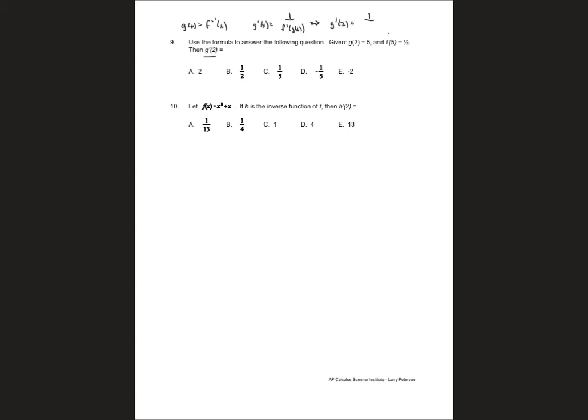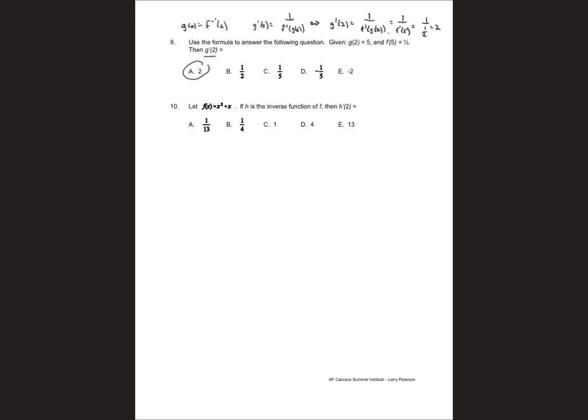So that's going to be 1 over f prime of g of 2. And since g of 2 is 5, we want 1 over f prime of 5. And we're told that f prime of 5 is a half. And so we're going to get 2. And so the answer should be then part A.